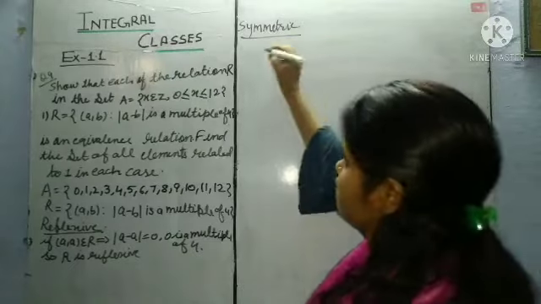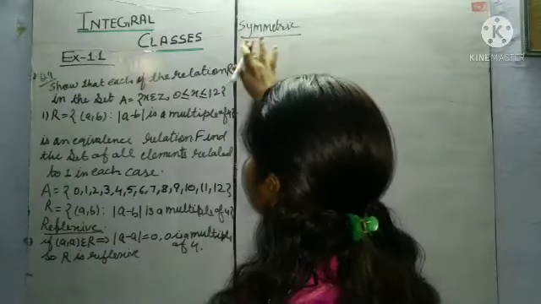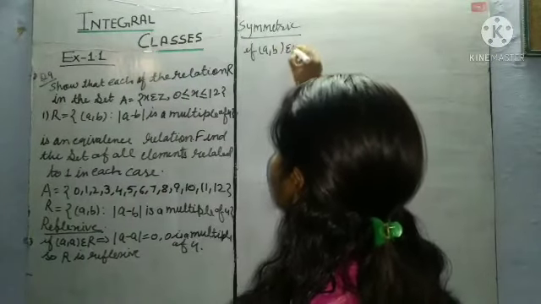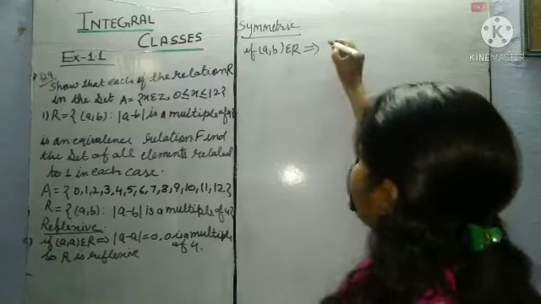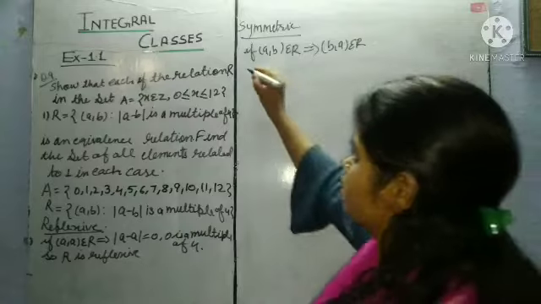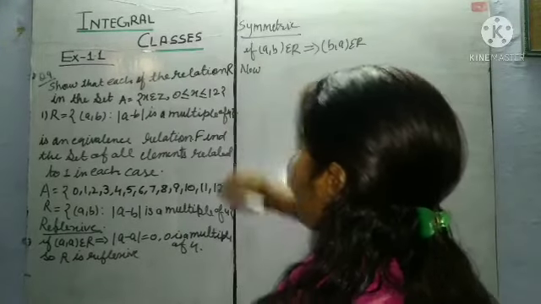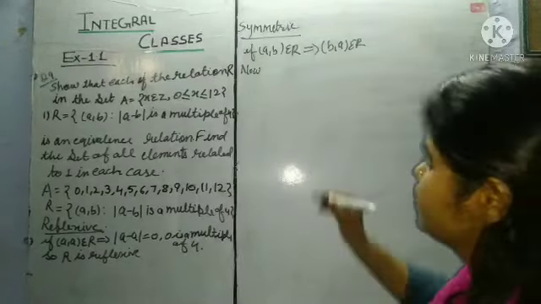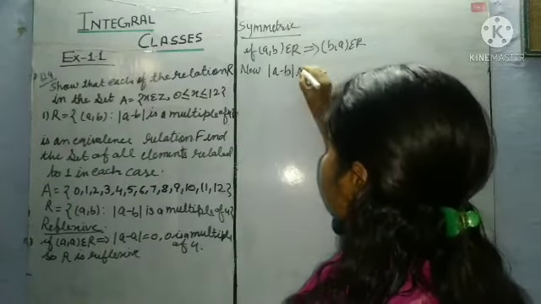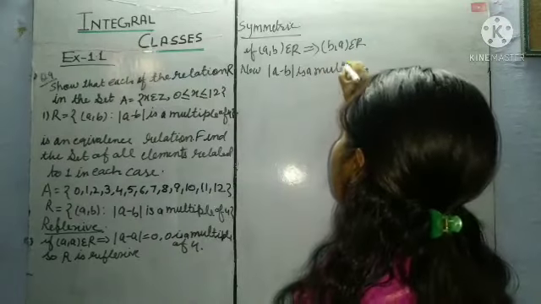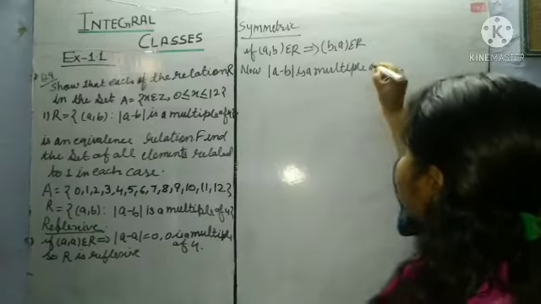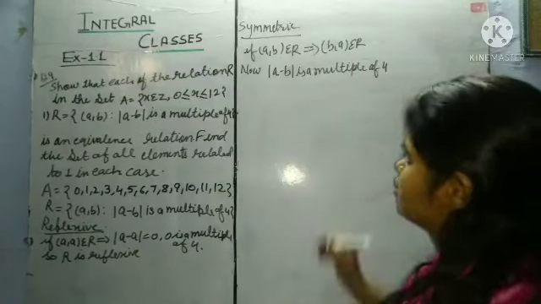what is the condition for symmetric? If (A, B) belongs to R, then it implies that (B, A) should belong to R. Now (A, B) belongs to R. It means A minus B is a multiple of 4.